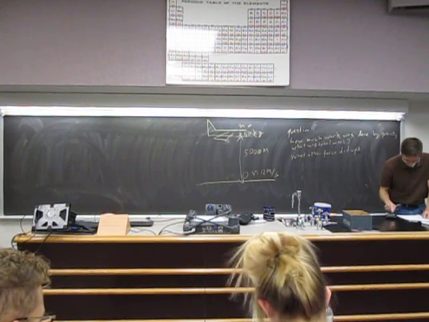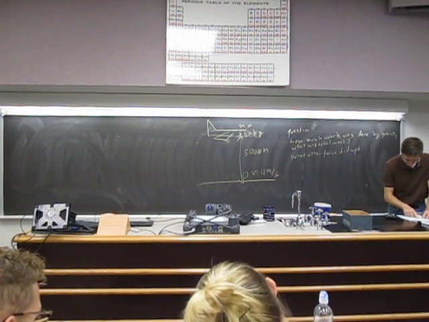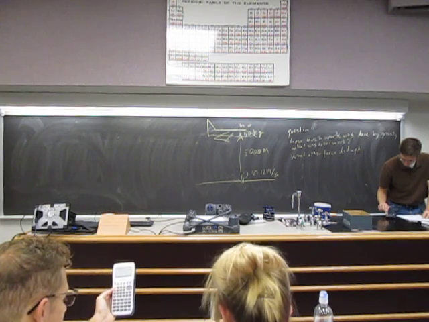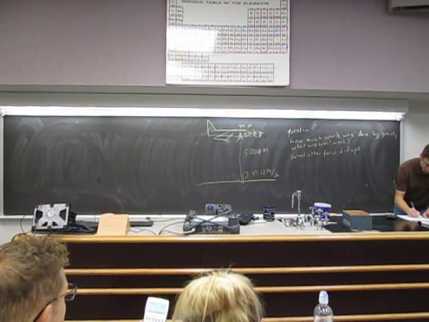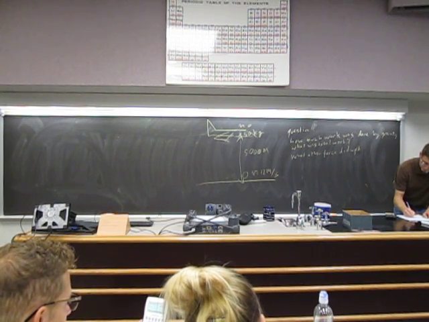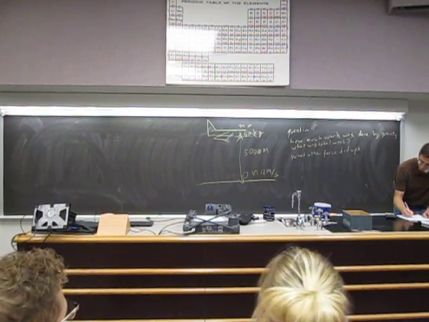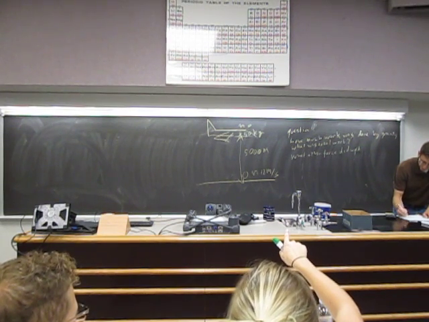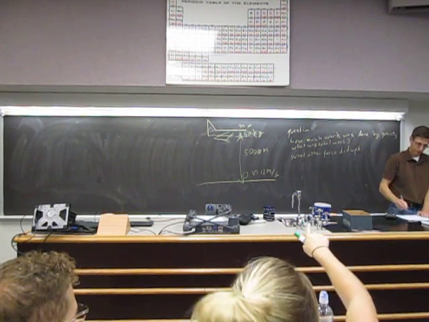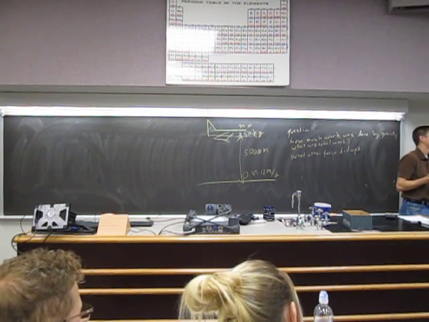Okay. I did the wrong side of the equation. This is what I got. That might be why. But we didn't use that velocity at all. Well, we have to find the total force.